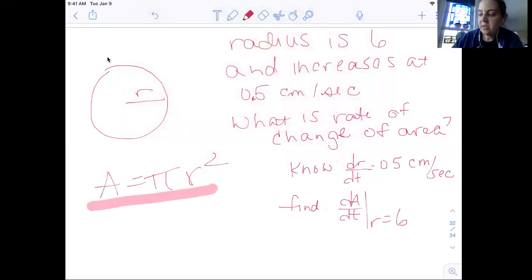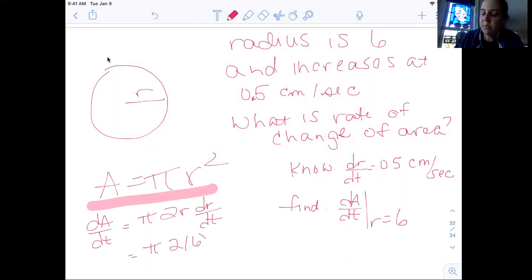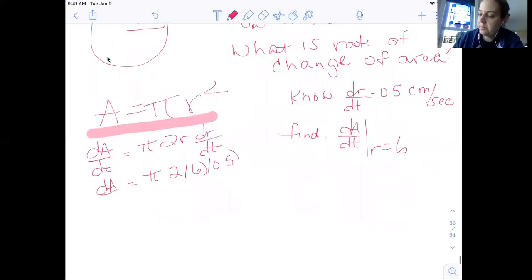Area equals pi r squared. So this is where we find the derivative with respect to time. So dA/dt is equal to pi 2r dr/dt. And if we fill in the pieces that we know, here's my pi, here's my 2, the radius is 6, the rate of change of the radius is 0.5, and all of this will be my dA/dt. So 0.5 times 6 is 3, 3 times 2 is 6.